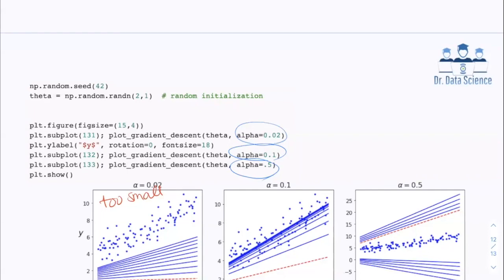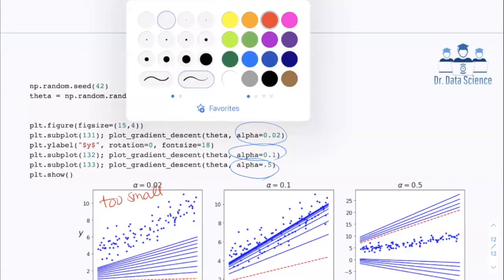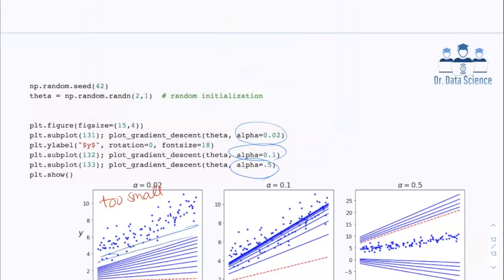But because the learning rate is too small, obviously 10 iterations is not enough, right? So we need more and more iterations to be able to find a line that will fit this training data.